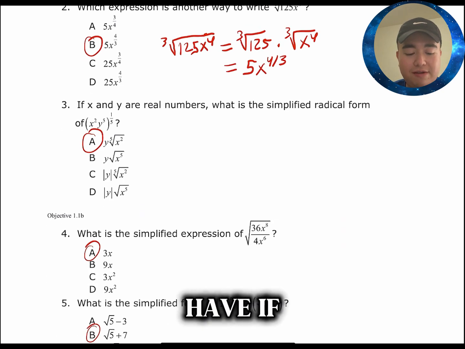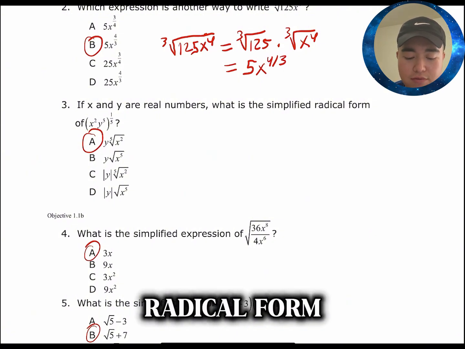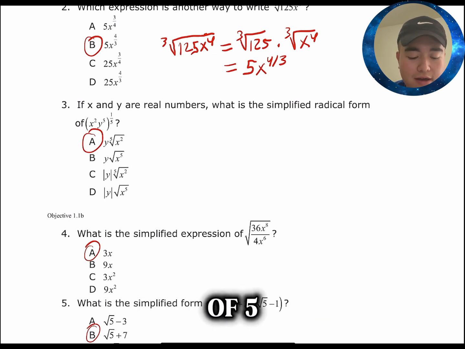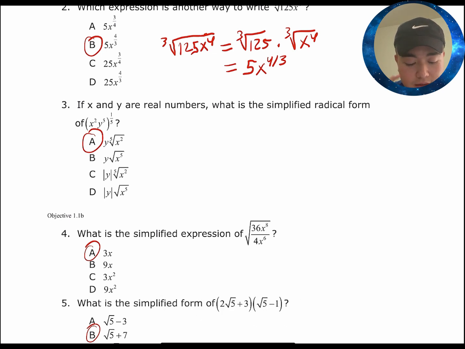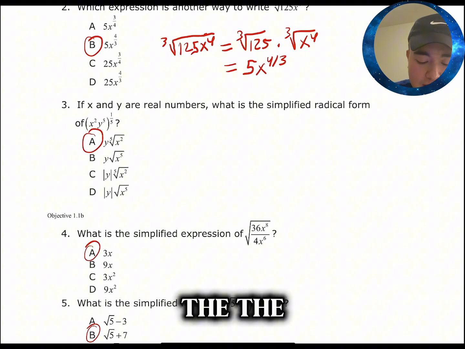For number 3, we have if x and y are real numbers, what is the simplified radical form of x squared times y to the power of 5, and all that is to the power of 1/5. For this one, I like to write out the question.